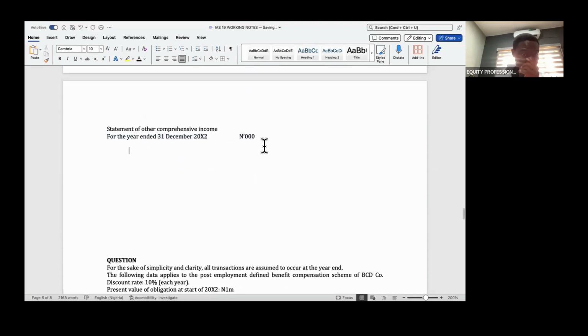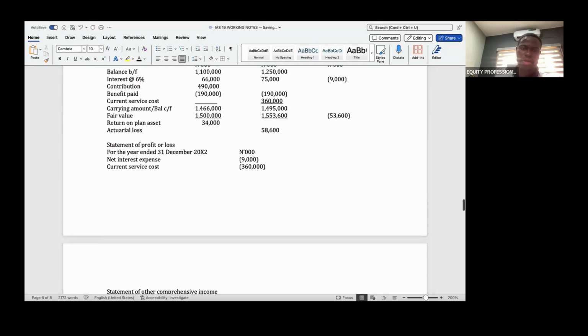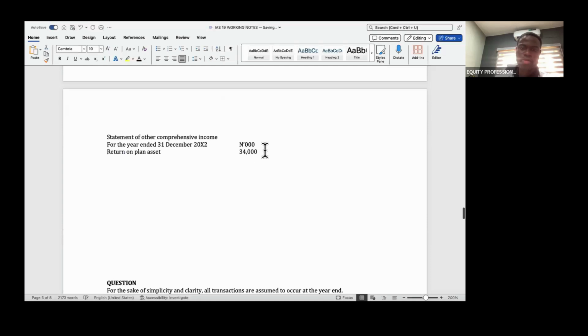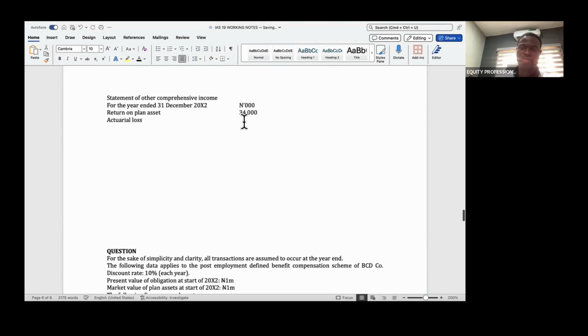So what goes to my OCI, I told you already: the return on plan assets, which we got up there as 34,000, this one. And also actuarial loss, which we got as 58,600. I'll put that in brackets to show that it is a loss.